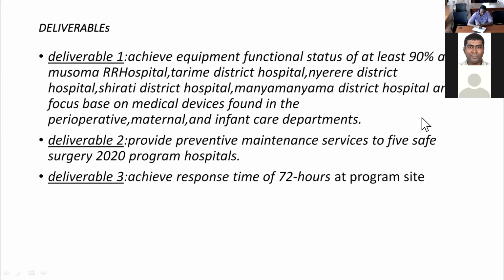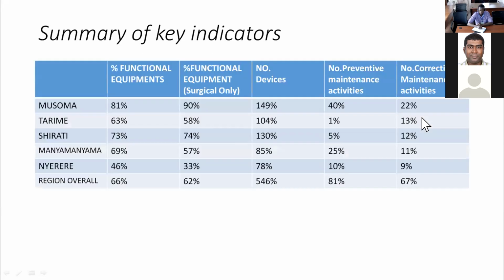Yeah, you can go to the second slide. So here is the summary of key indicators, the progress now, where are we now? So you can see for MUSOMA, Tarime, Shilati, Manyamanyama, Nyerere, and the regional overall.